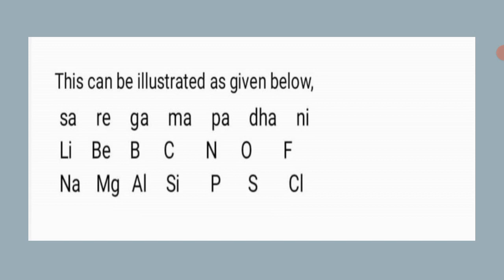This can be illustrated as given below. Sa, Ri, Ga, Ma, Pa, Da, Ni, in which lithium, sodium, beryllium, magnesium, boron, aluminum, carbon, silicon, like this. These pairs have similar properties according to Newlands' octaves.